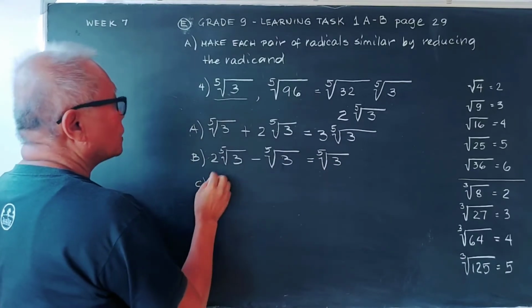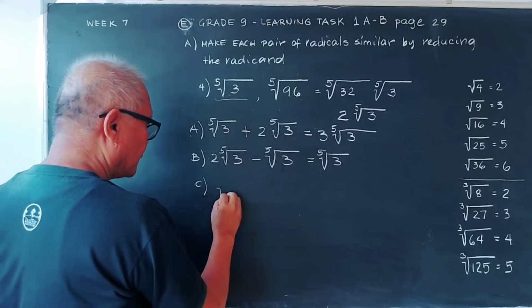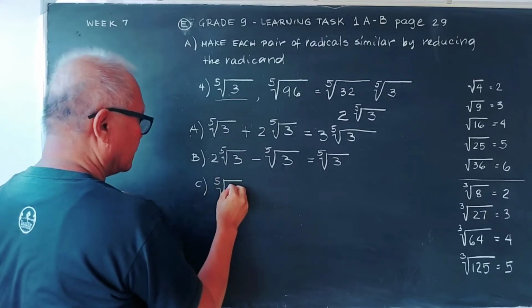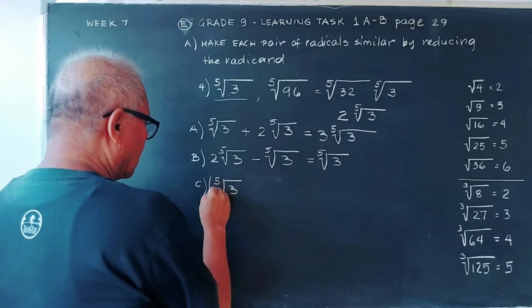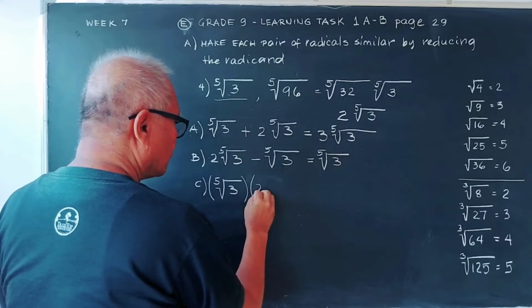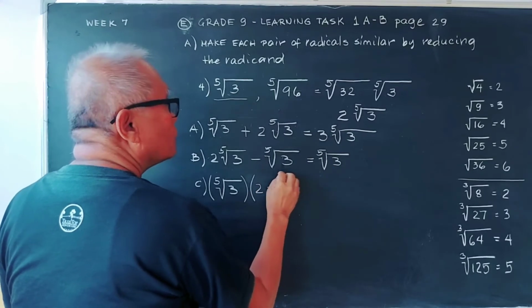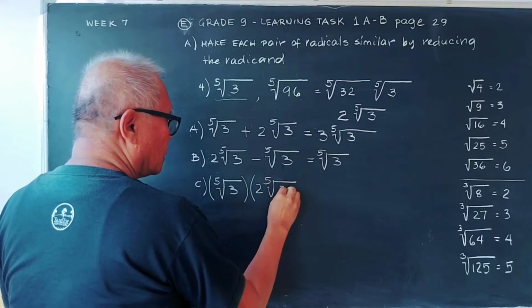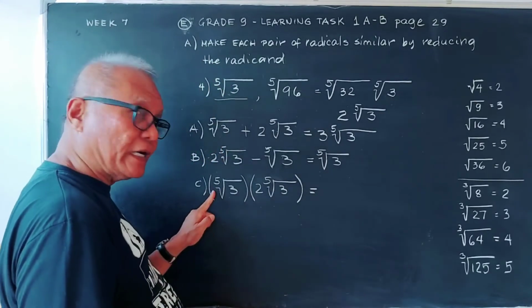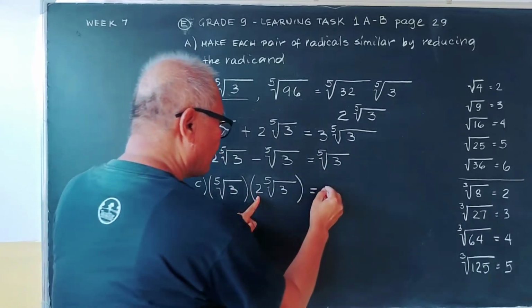Right, C. Multiplication tayo. Ito. 5th root of 3. Times ito. 2 5th root of 3 times natin yung 1 times 2 ay 2 pa rin.